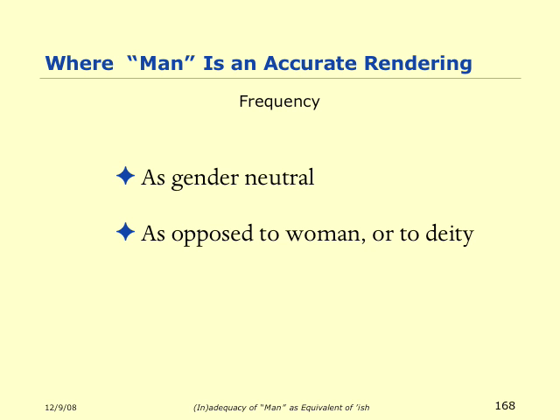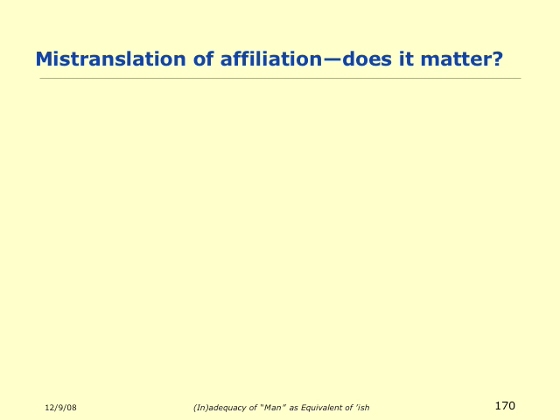So out of all instances of ish in the Bible, how many might be accurately rendered in English as man? The types of cases shown here account for less than 5% of all biblical instances. The mistranslation of the main thrust of ish, namely affiliation, how much does it matter?